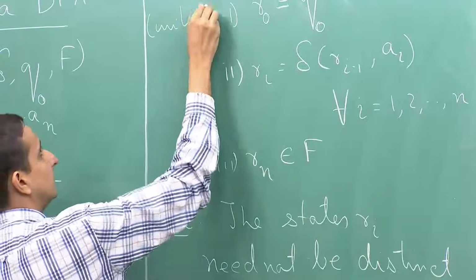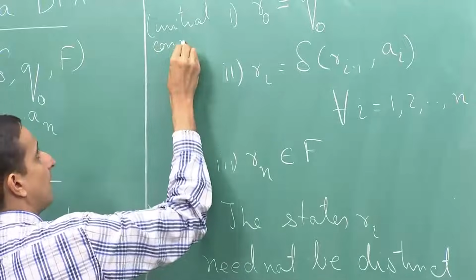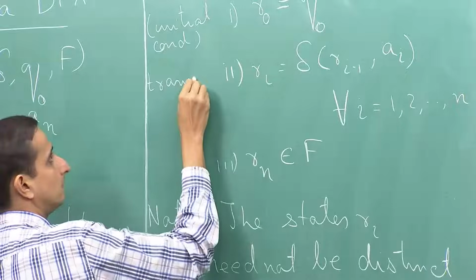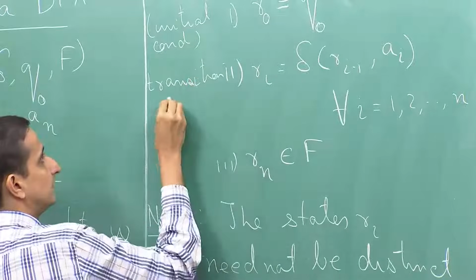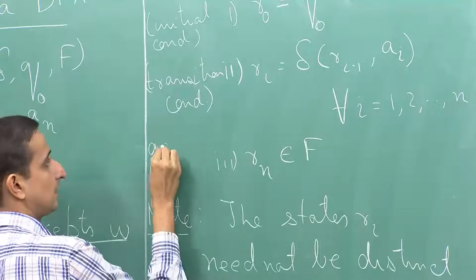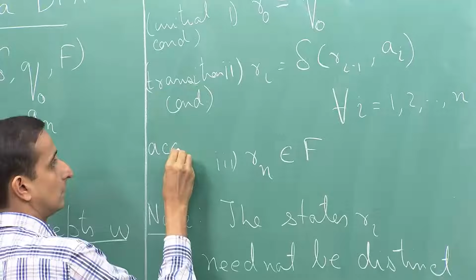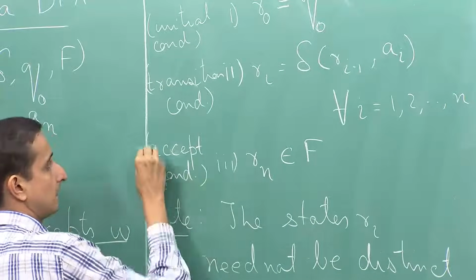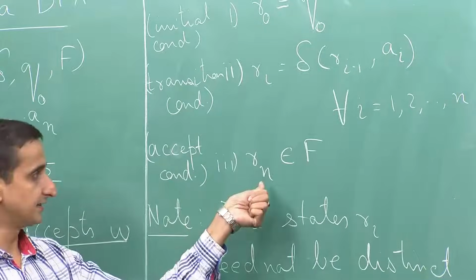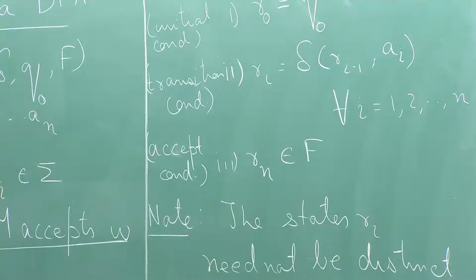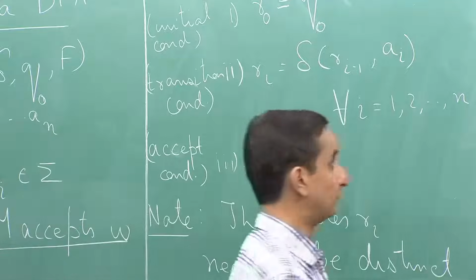So, this is the initial condition, this is the transition condition, and this is the acceptance condition. Okay. And the final state Rn is going to be a state that belongs to F. So, this is what we mean to say a DFA accepts a string W.